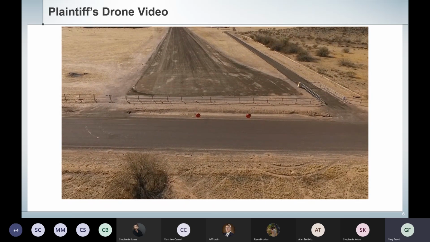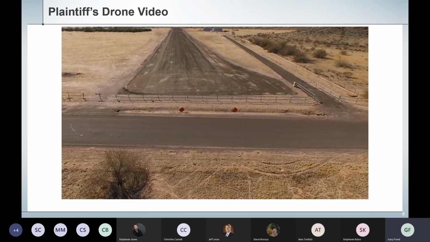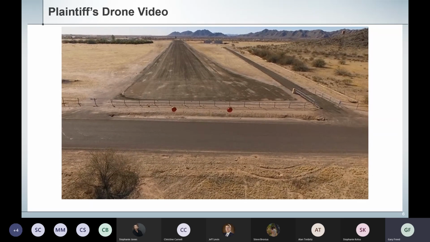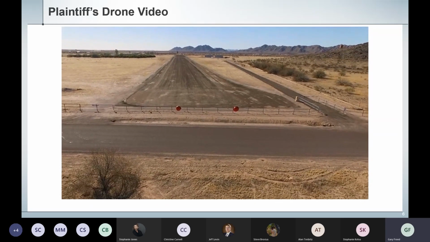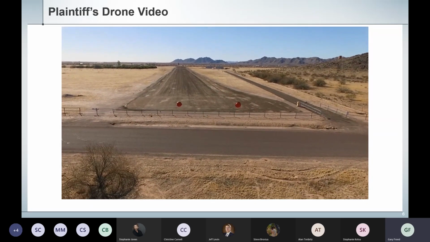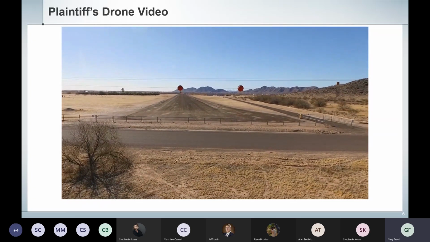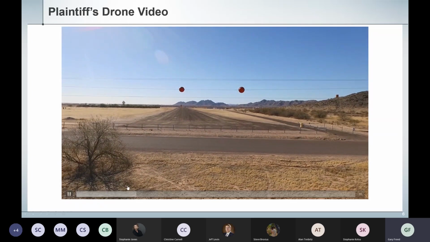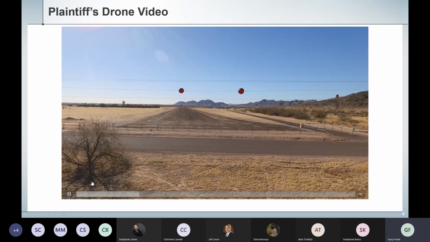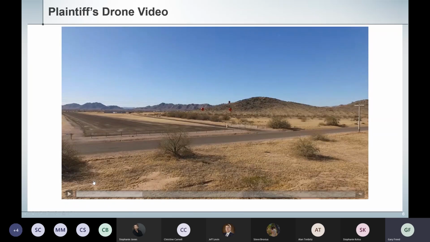And we have several minutes of really nice drone footage that gives you good video documentation or photographic documentation of the environment. So these were the tools that I spotted right away.